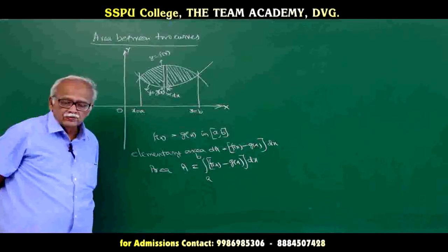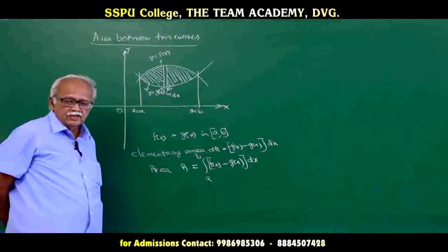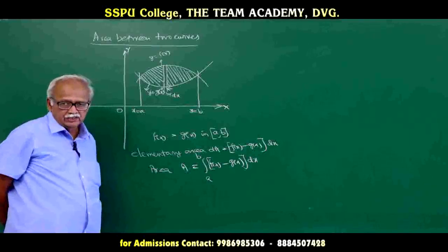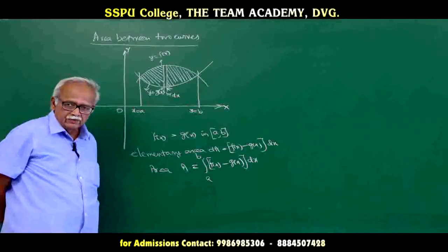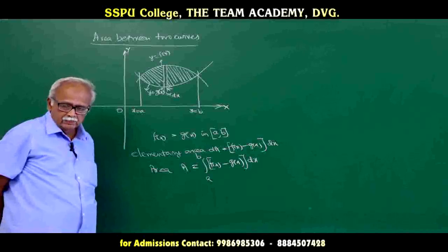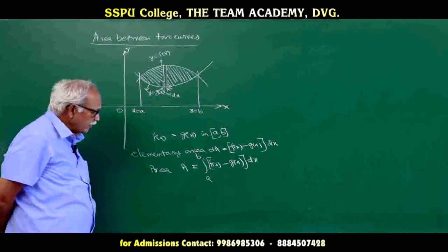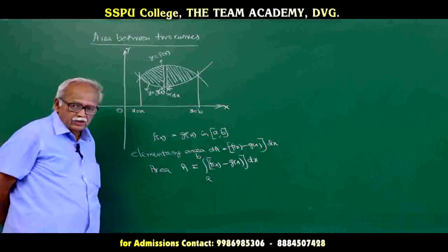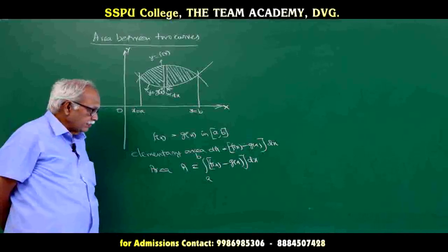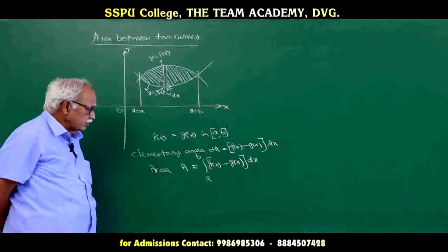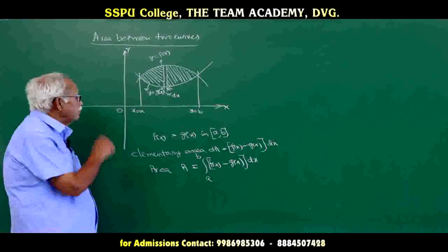For all area problems, if two curves are given, the first step is finding the points of intersection, then drawing the graph of the given problem, and then taking the integration formula, integral a to b of f of x minus g of x dx. So, this is the area between two curves.